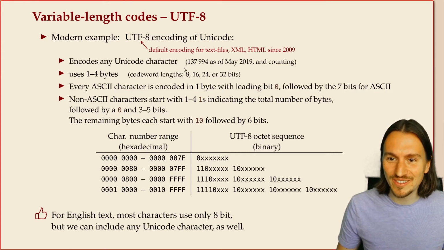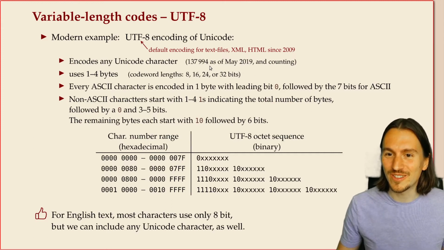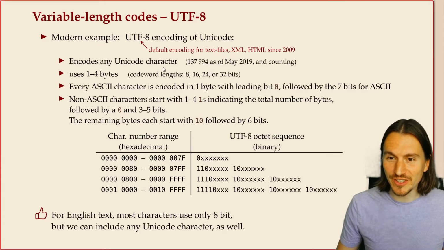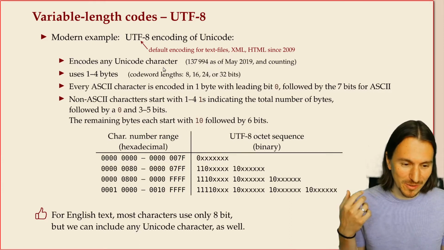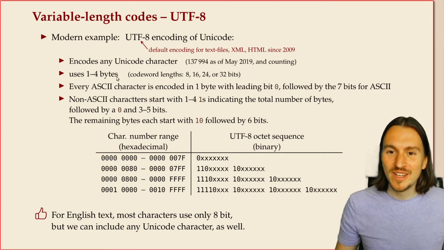So, well, as of 2 years ago, it was roughly 138,000. I'm sure there's a few more by now. So that's a large character set. Not 128, but 128,000 and more.